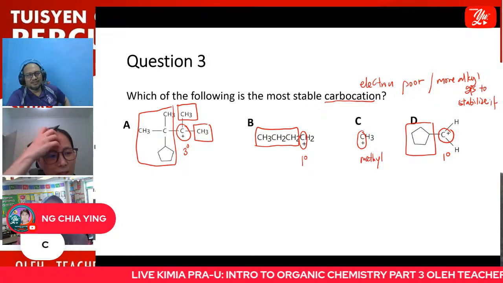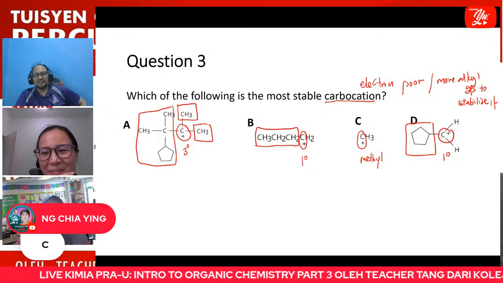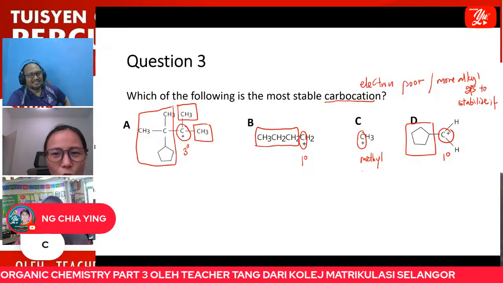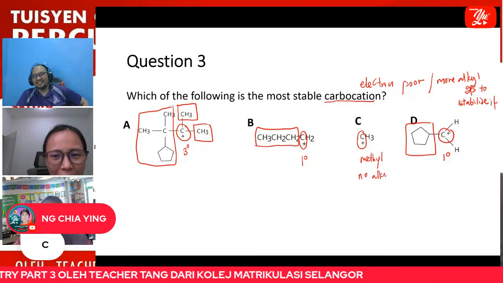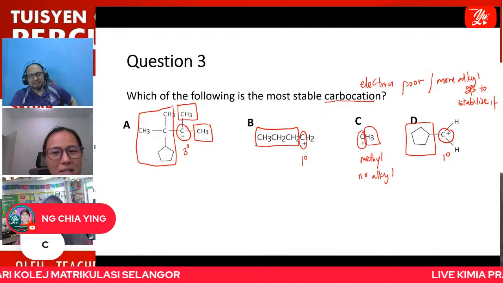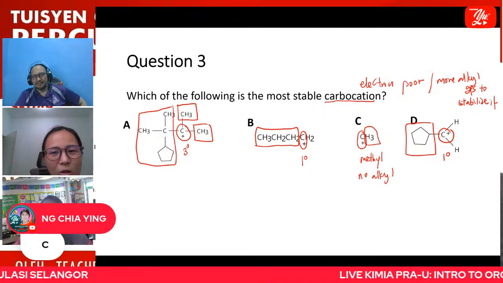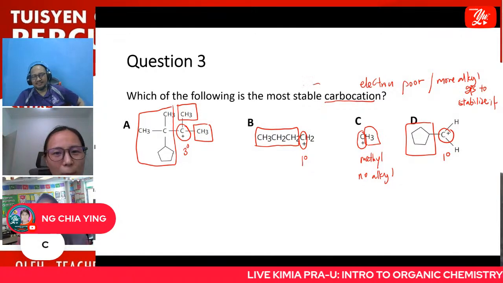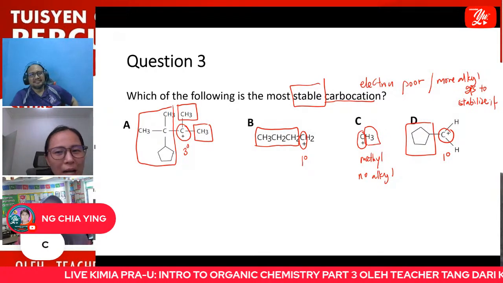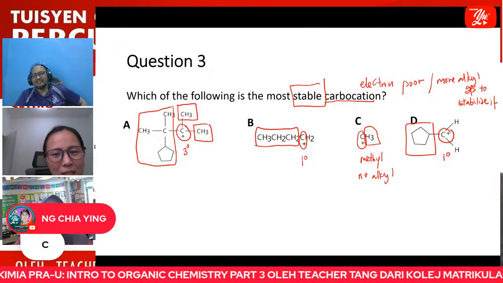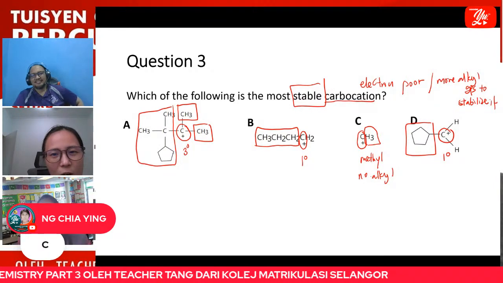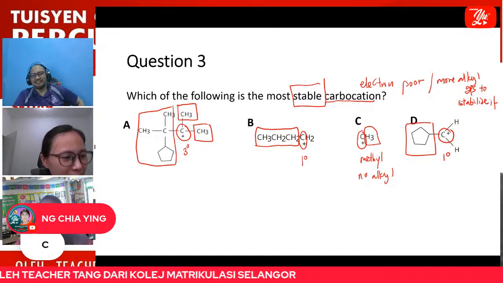Eng Chia Ying also says C. Okay, if methyl, no alkyl group, all are hydrogen, so methyl carbocation is the least stable. We want the most stable, so the answer is not C, because methyl has no alkyl group and is the least stable.